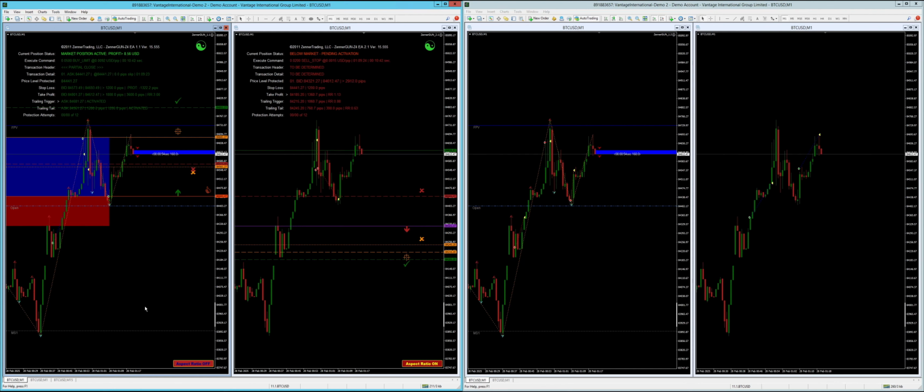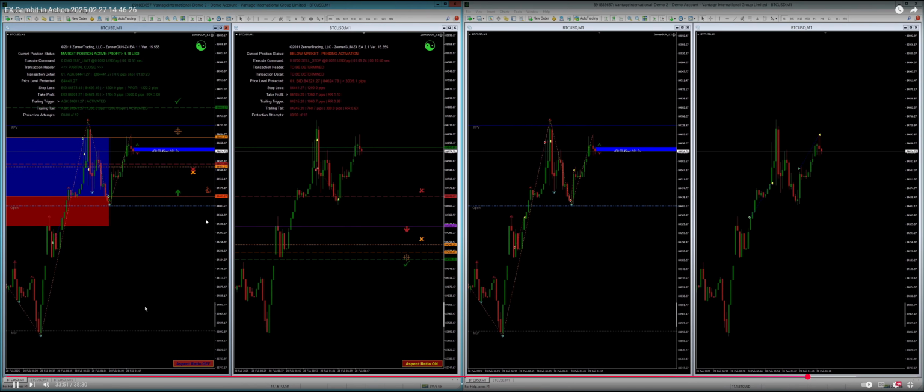So we'll see whether the market is going to hit our trailing stop, which is right here, right now, or should it continue on the upside and hit our take profit level, which is way above the market at this level here.